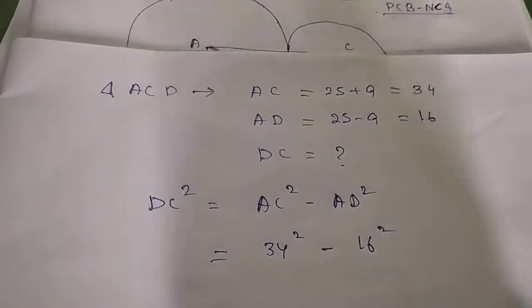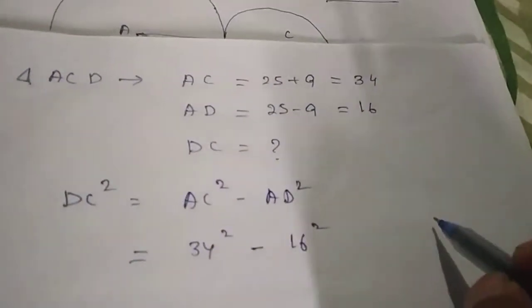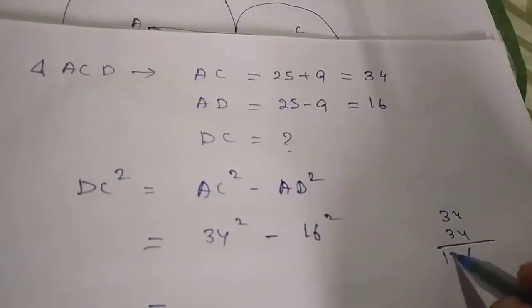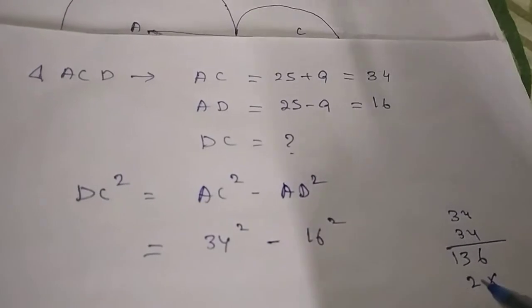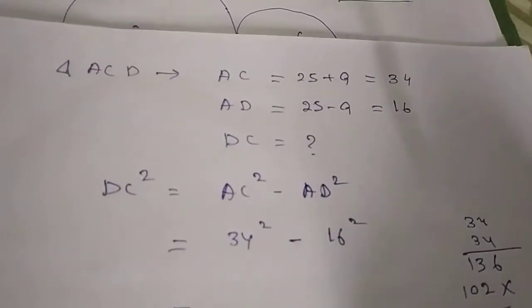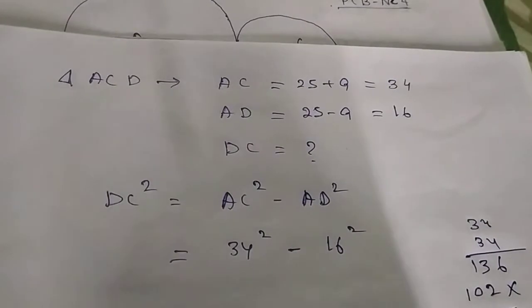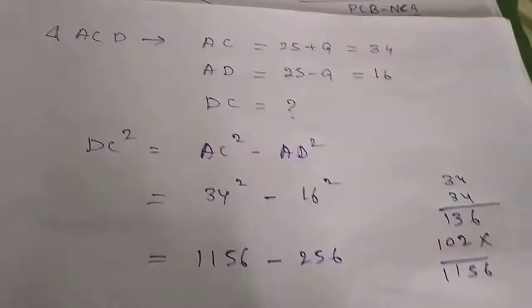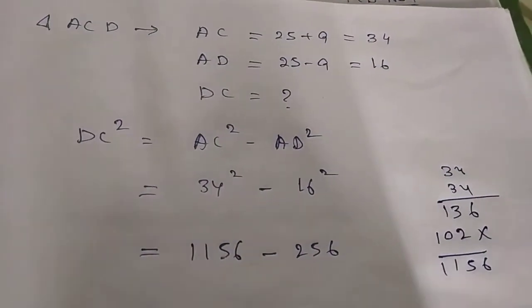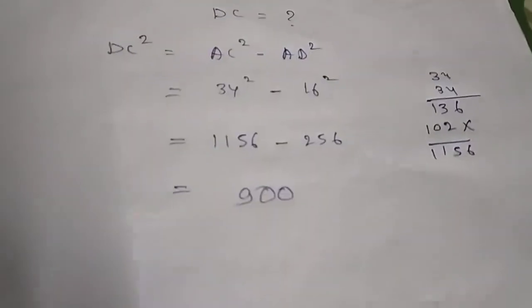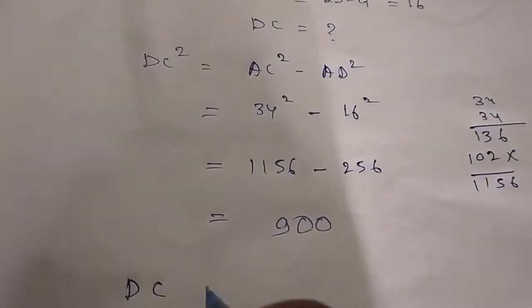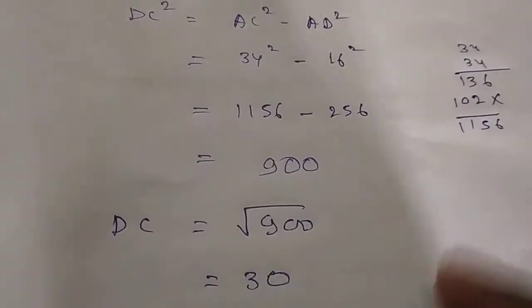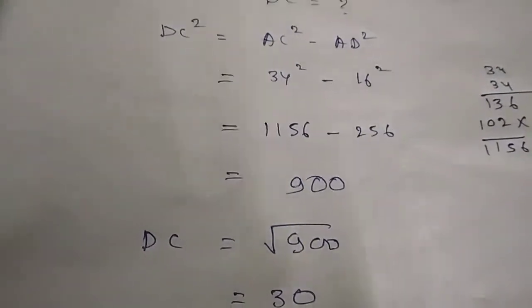The value of 34 square is 1156, minus 256, which gives 900. So DC equals root over 900, which is 30. Okay, so we have DC.